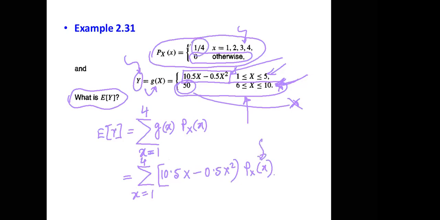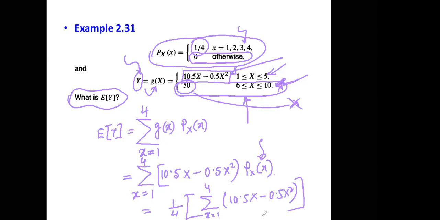This is 1 by 4. So we can easily find it out. There is 1 by 4 common, and then the summation of x equals 1 to 4 of 10.5x minus 0.5x square. Just put the values and find the result. Is it clear?